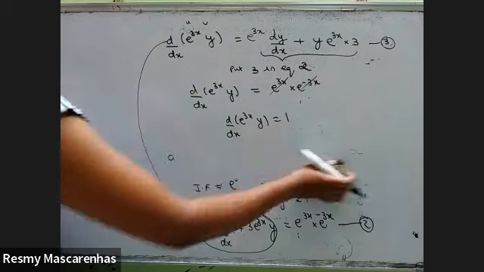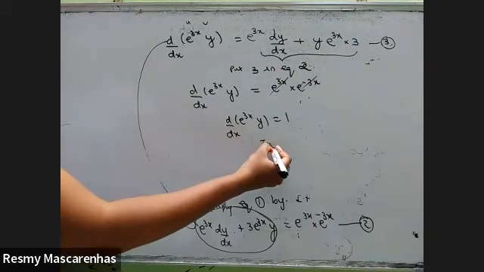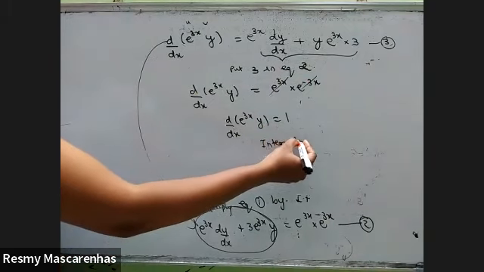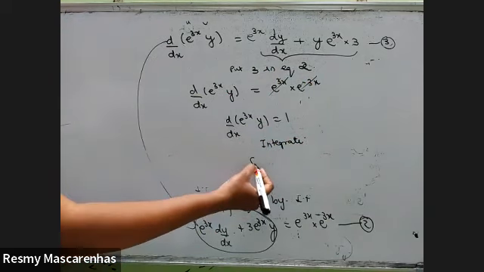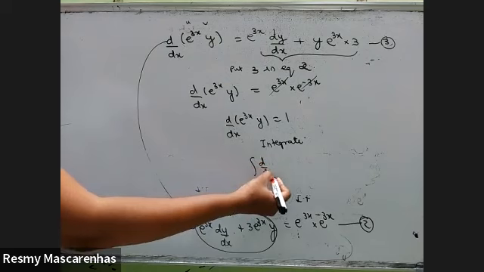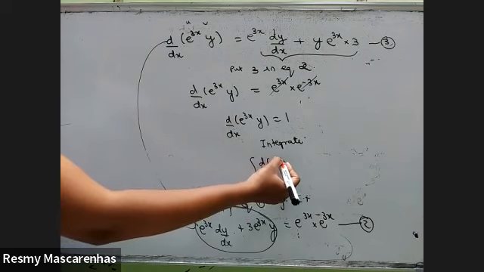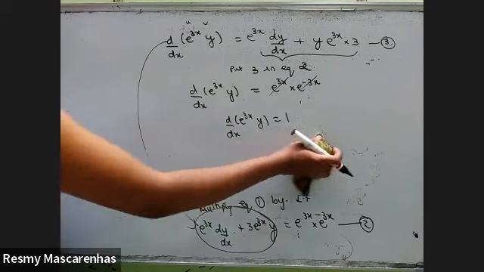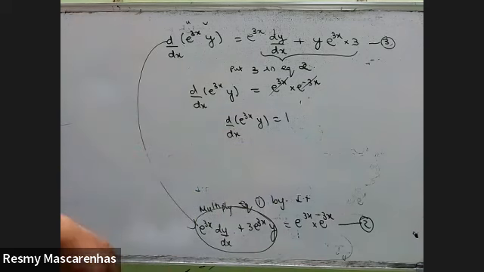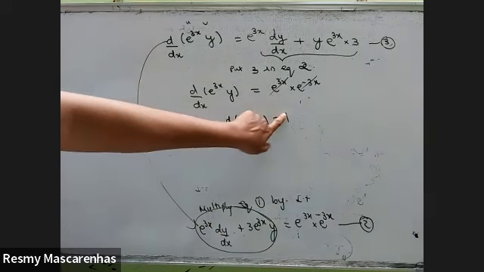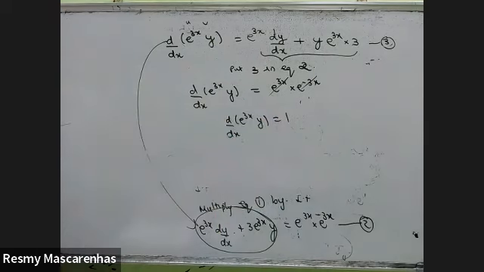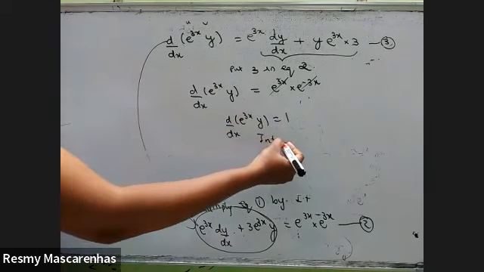And now integrate. Okay, integrate both the sides. Or straight away, what you can do, instead of integrating, the moment I remove the d by dx sign from this side, it will become an integral on the other side. No problem, you can say integrate.